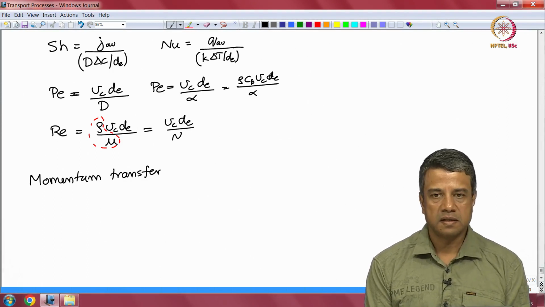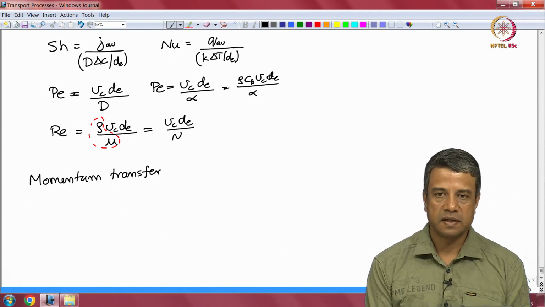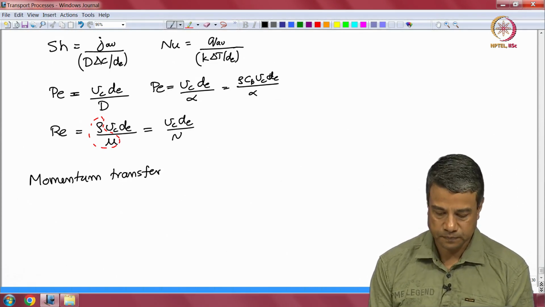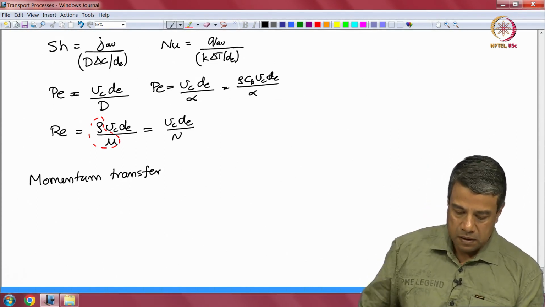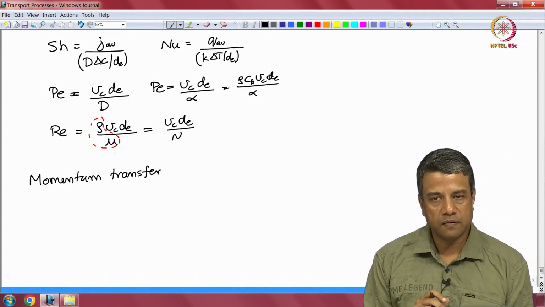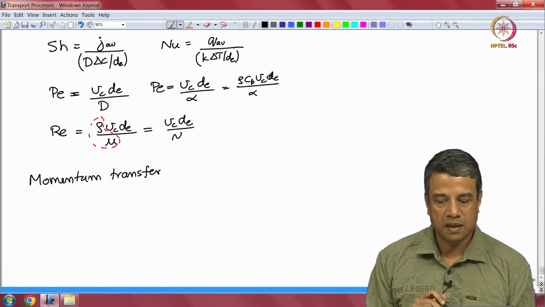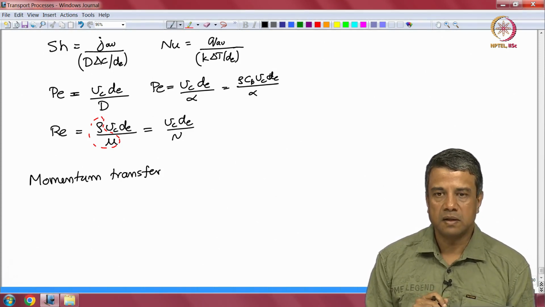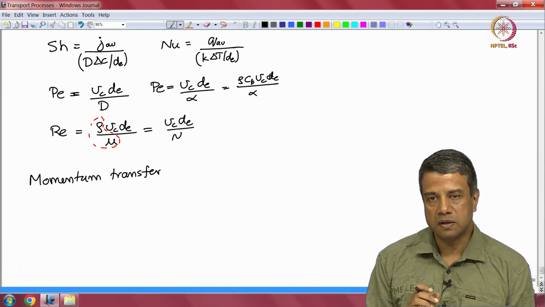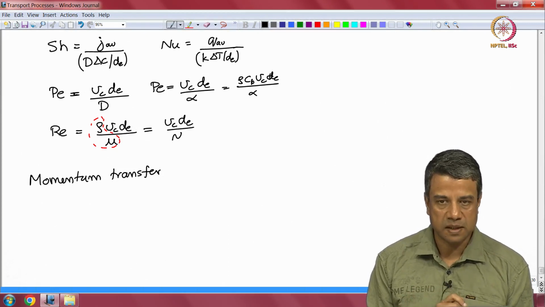However, the dimensionless flux for momentum transfer conventionally is defined slightly differently. Recall that when we had done the flow through a pipe, I told you that the wall shear stress is scaled by what is called the kinetic energy density, because an energy density and a stress have the same dimension.